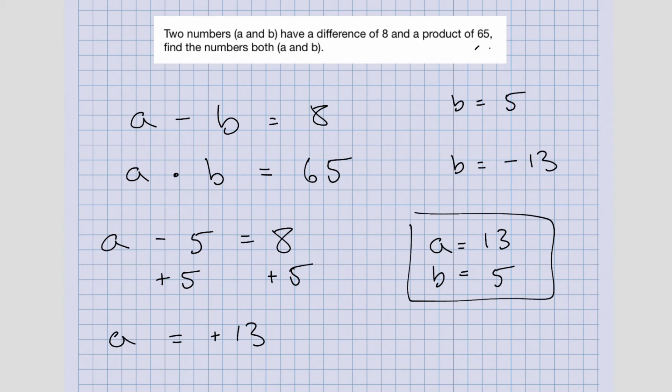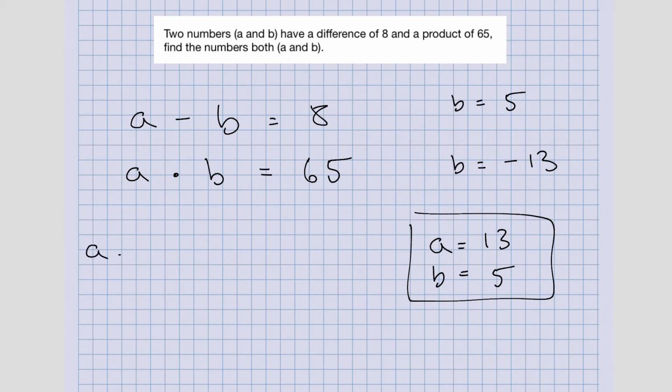But if I didn't do all this work, then you might not recognize that there's another solution. And that other solution is what we're going to do now, and that is when b equals negative 13. So let's plug in b equals negative 13 here.